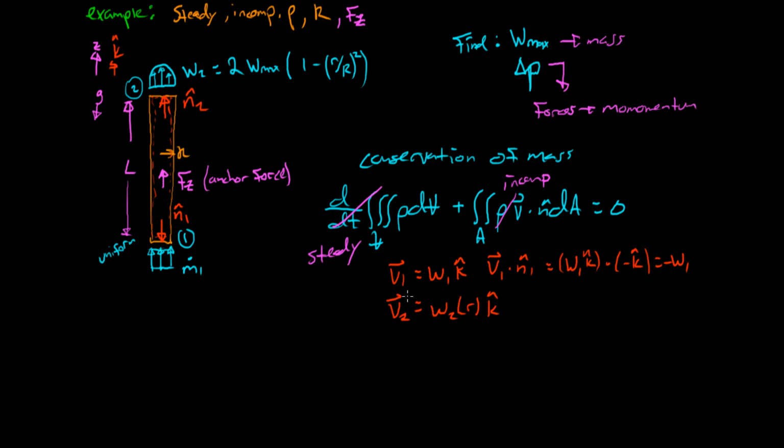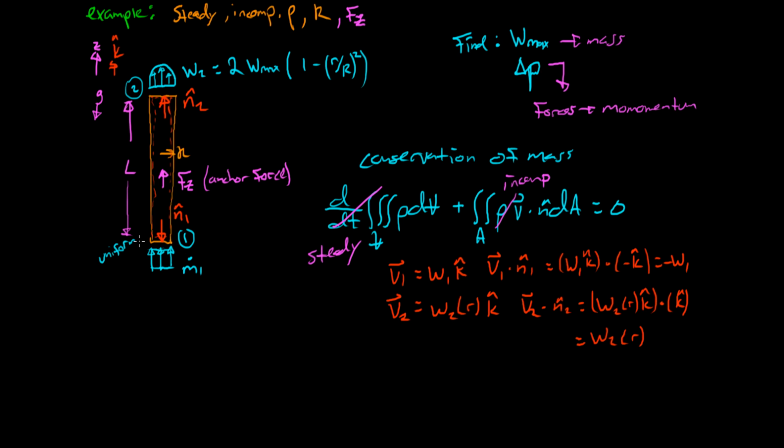It's still pointed in the vertical direction. And so v2 dot n2 is going to equal w2 of r times k hat, and all of that then gets dotted with k hat. And so k hat dot k hat's just 1, and so we're left with w2 of r.